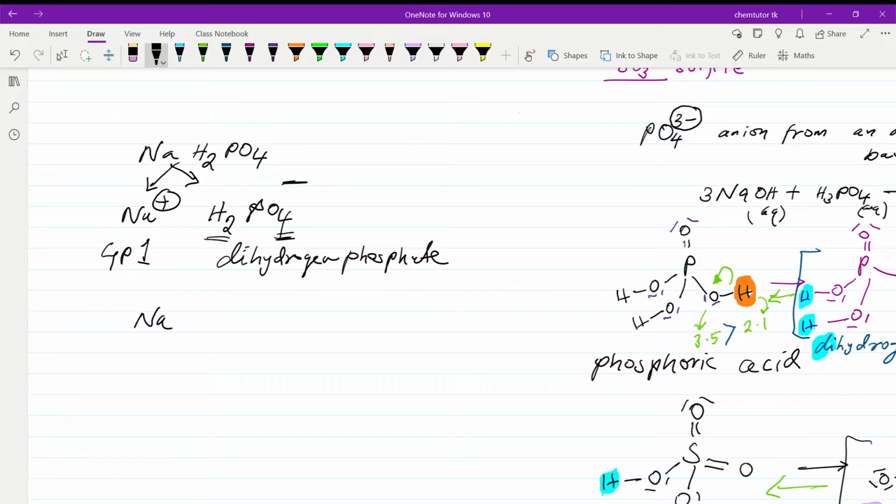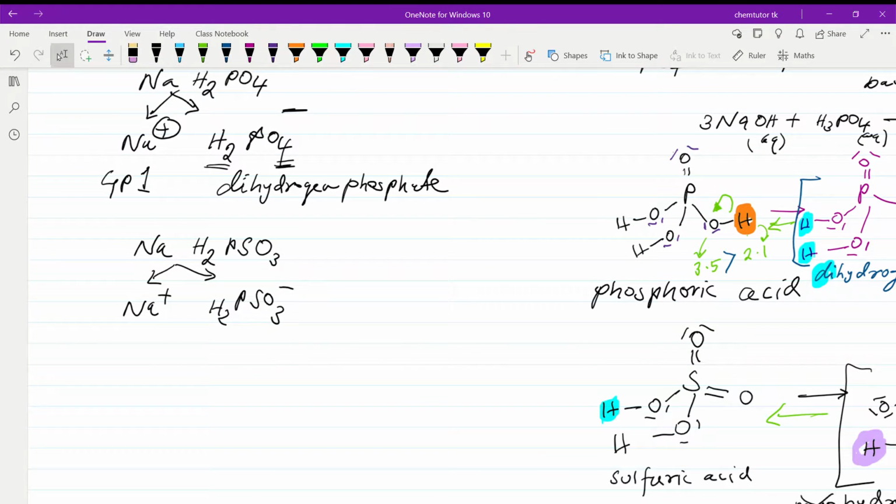Okay, so we will combine with a thio compound. Can you look at this one? Sodium H2PSO3. Again, if you separate cation and anion, you will have Na plus, and on the other hand you will have H2PSO3 1 minus. So now you have to do the logical way. You have to remove the sulfur and then add the oxygen and see which one was the parent one. So that one is H2PO4 1 minus. So this is dihydrogen phosphate.